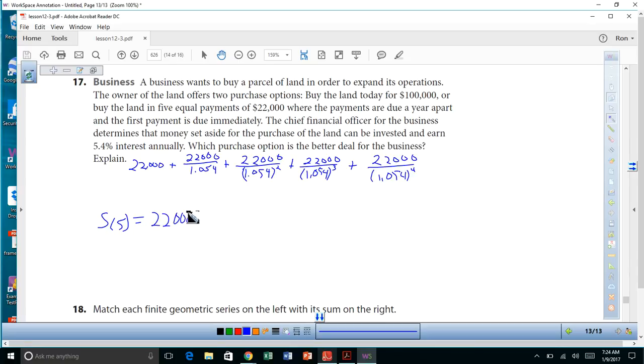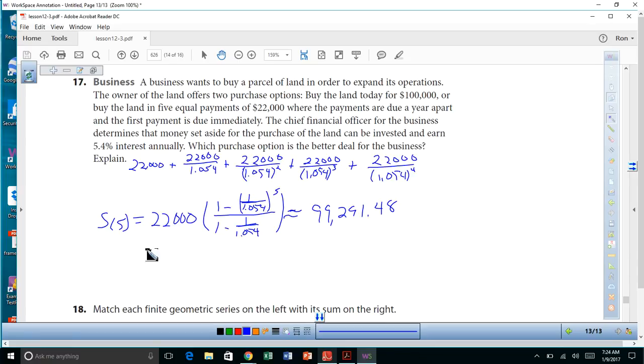22,000 times 1 minus 1 over 1.054 to the 5th power over 1 minus 1 over 1.054. I'd put that in the calculator, and I get $99,291.48.